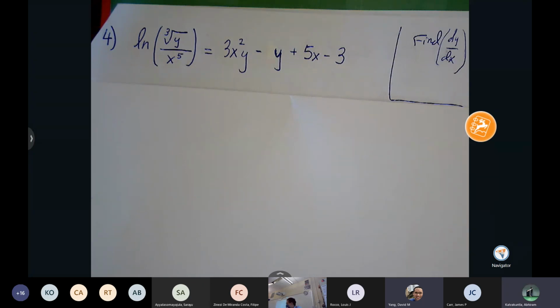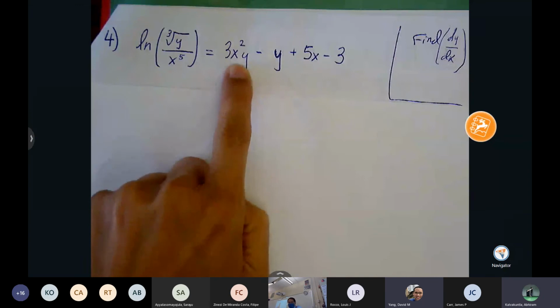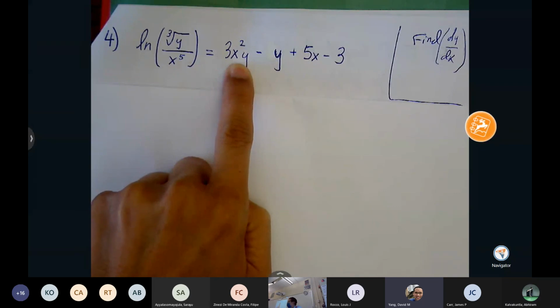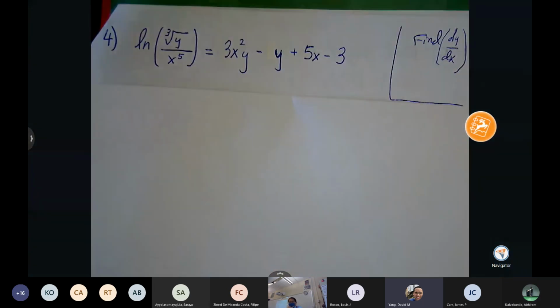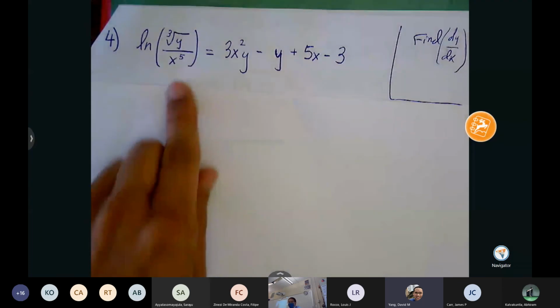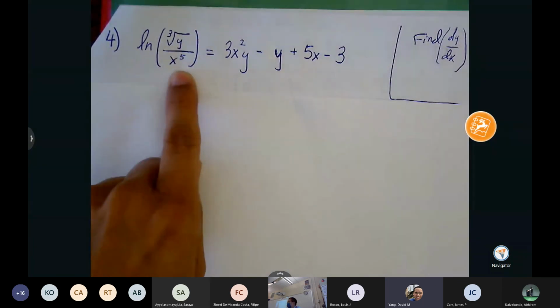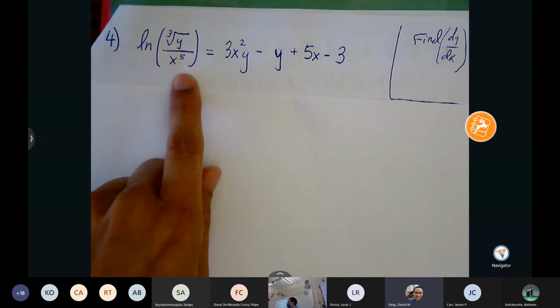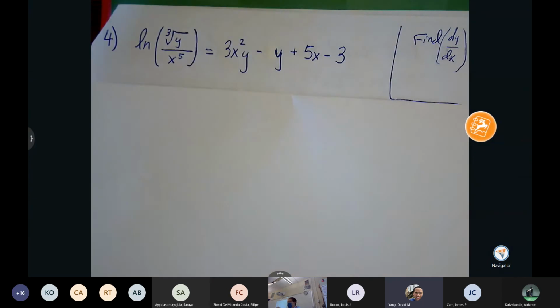There's product rule. Yeah, there's product rule, right? We have to make sure we can spot that, 3x squared y. And then what should we do before we start our derivative process? Yeah, we prefer not to find a derivative in this form. We prefer to find a derivative of these separate, smaller terms. So let's expand first.